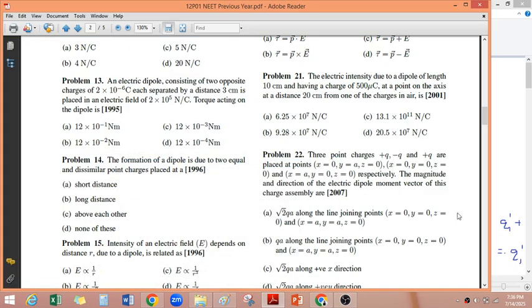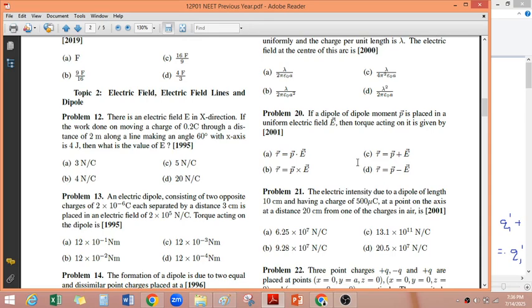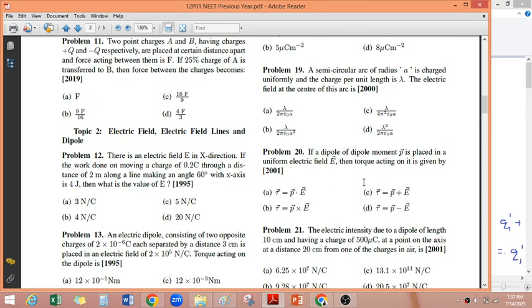Okay, class 1 and 2, let's see. Number electric field lines 18, 19.